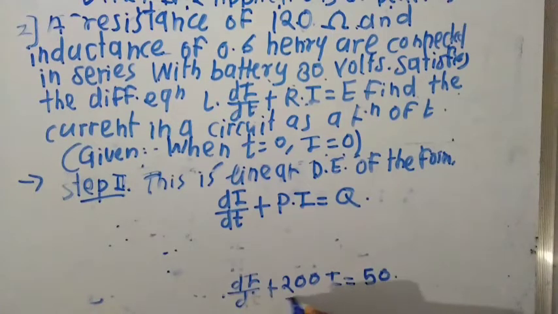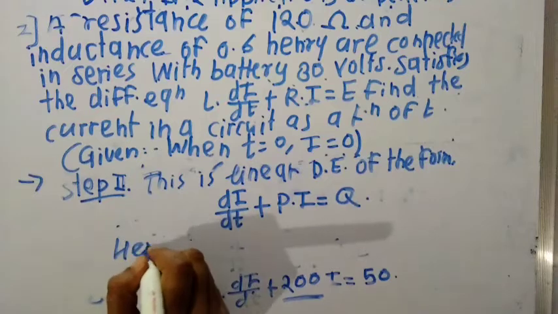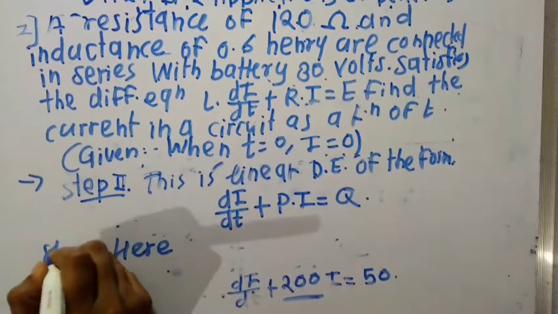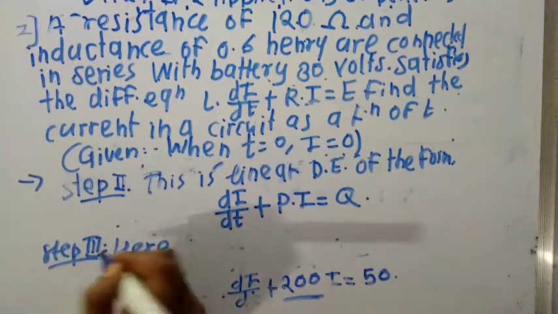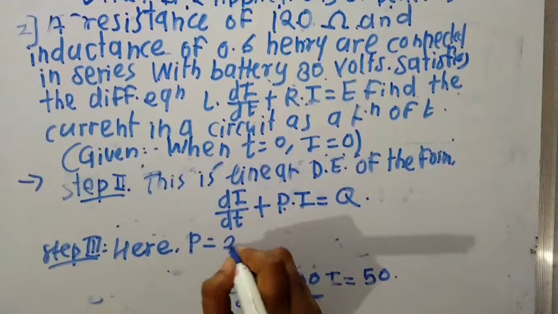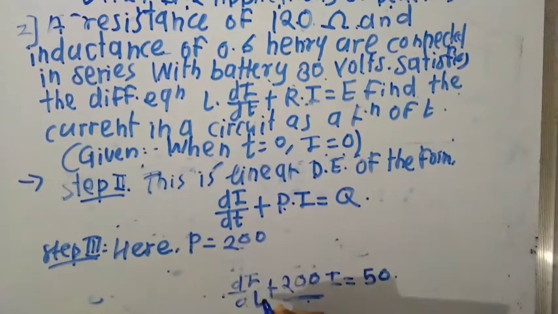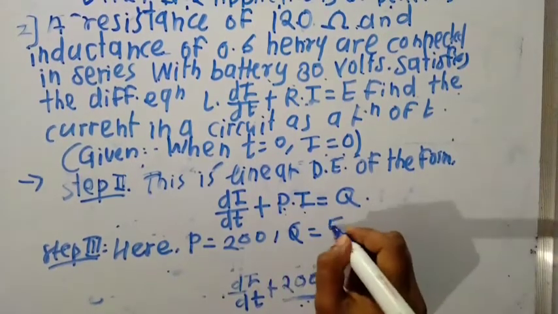Hence here, step third: p is equal to 200 and q is equal to 50.